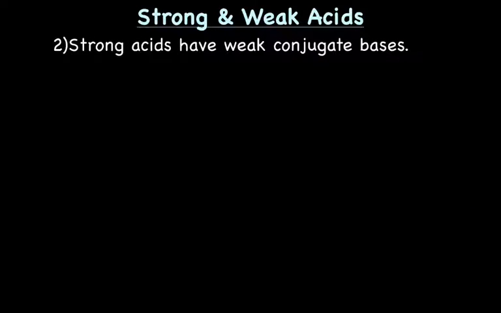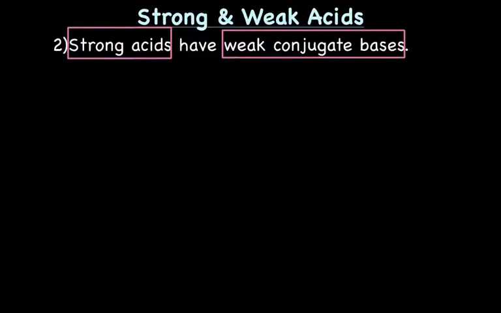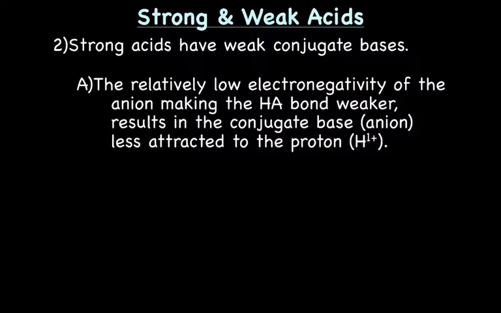Strong acids end up with weak conjugate bases. That's because the relatively low electronegativity of the anion, which makes the HA bond weaker, which is the reason the acid is strong, also results in the conjugate base being less attracted to the proton, making it weak.